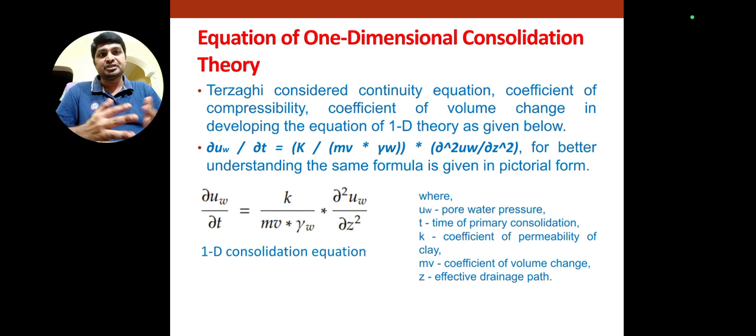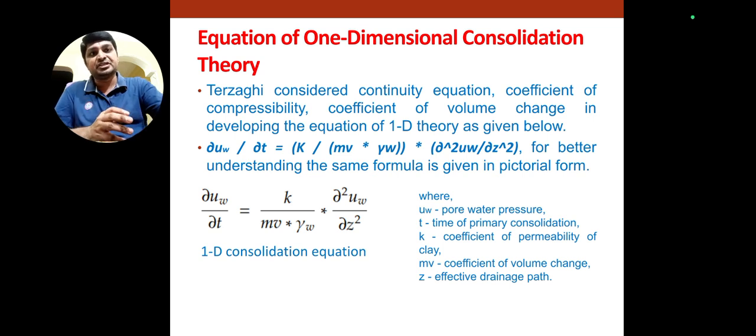The equation is: ∂u_w/∂t = k/(m_v γ_w) × ∂²u_w/∂z², where u_w is the pore water pressure, t is the time of primary consolidation, k is the coefficient of permeability, m_v is the coefficient of volume change, and z is the effective drainage depth of water.